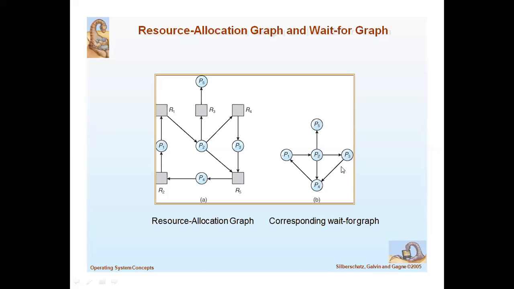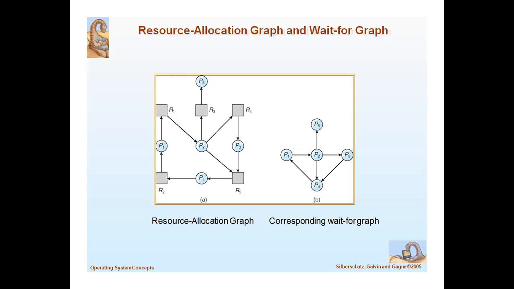So here compulsorily there is a deadlock. If there is a cycle, deadlock automatically exists. If there is no cycle, no deadlock. That is the wait for graph.